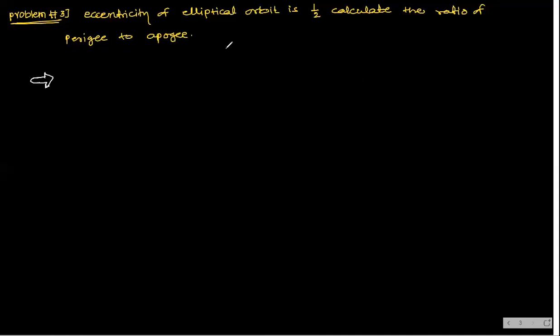So see, given is E is equal to 1/2. And what he is asking, RP by RA is equal to question mark.